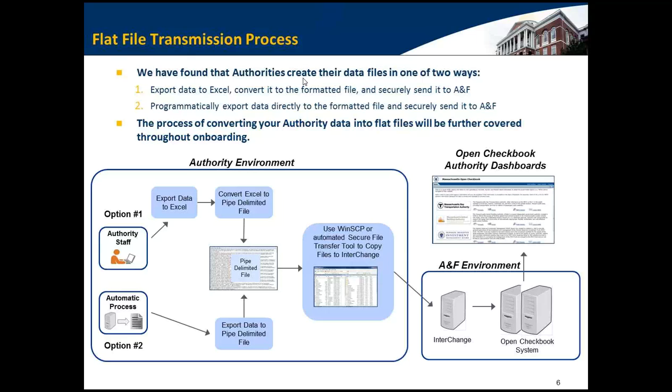But essentially, once you have the file, you'll drop that file onto ANF or the state's interchange architecture, and all that is basically just you'll use a secure file transfer copy tool or utility just to move the file onto interchange, and then from there they have a set of facilities that will basically scan the file, make sure it's safe, and then route that file directly to our servers.